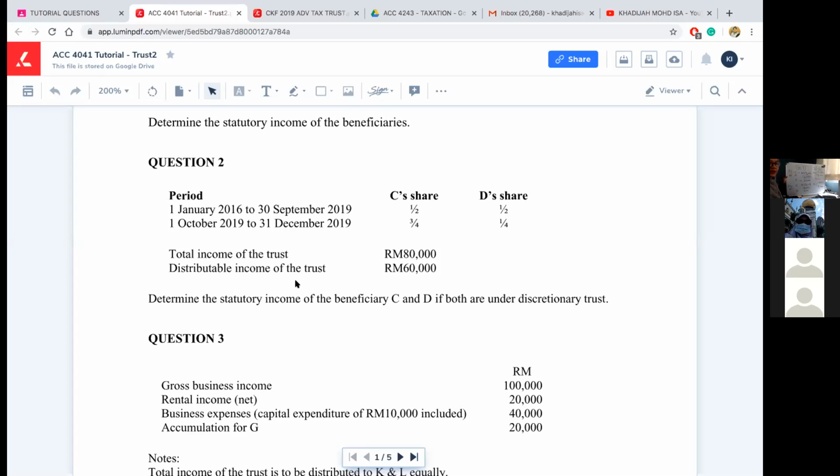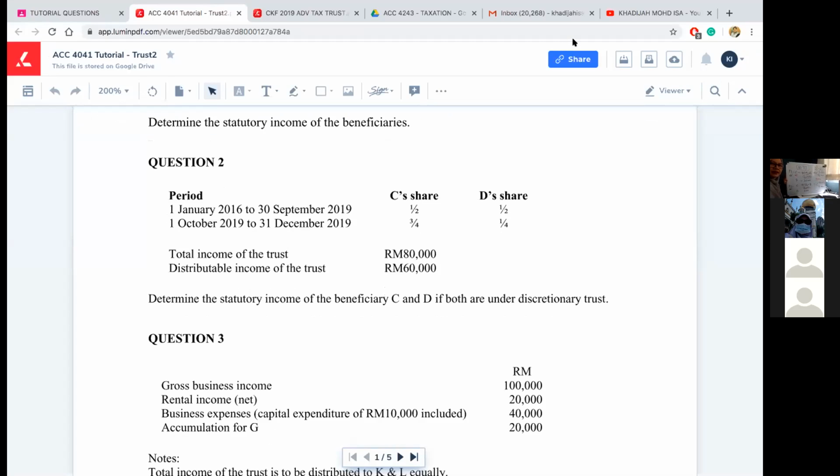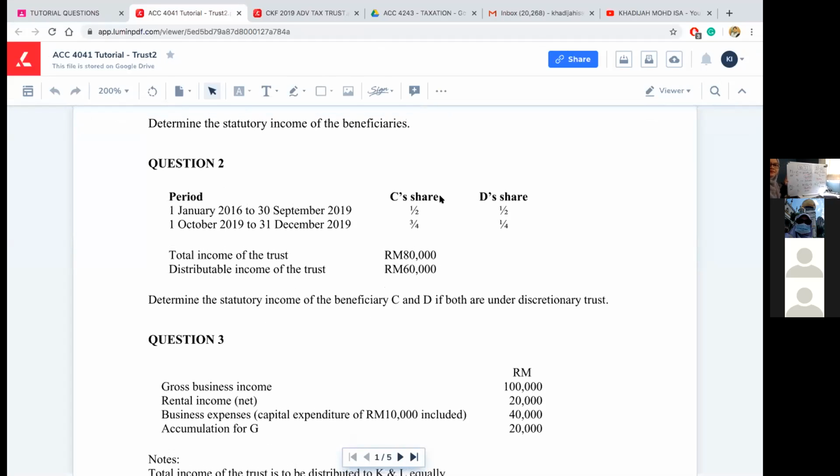So what would be the statutory income of C for 2019? For C. Anyone? No one? 33,750.